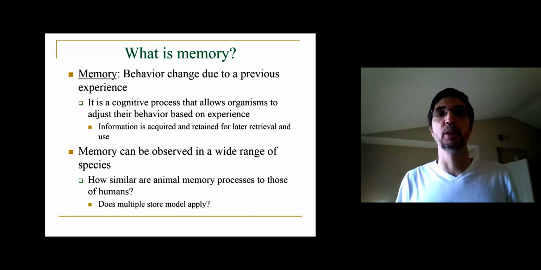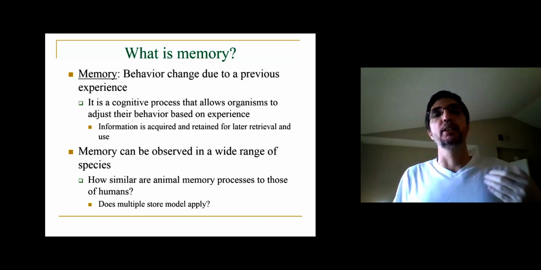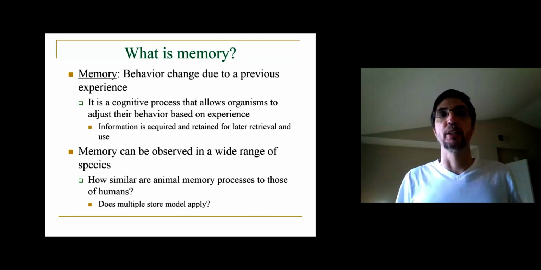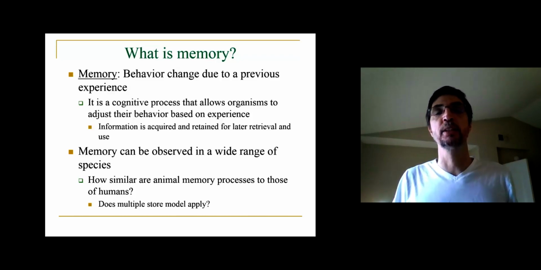For example, does the multiple memory model apply in the case of animals? In the case of humans, it's common to distinguish between, for example, working memory and long-term memory. Those are two different types of memory systems that do different things, and we want to know whether those distinctions also apply to animals.